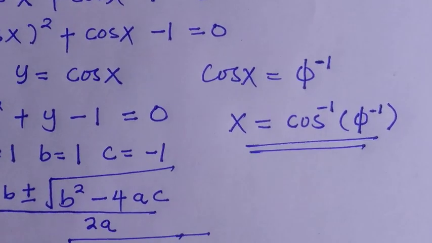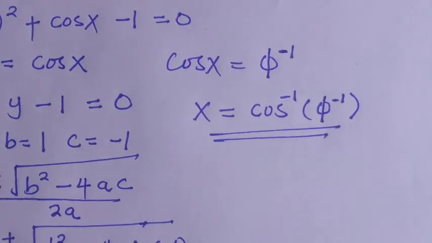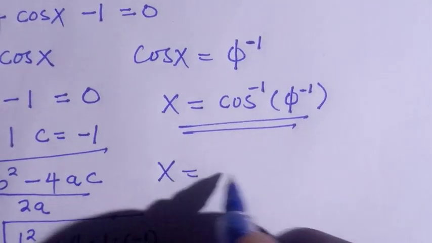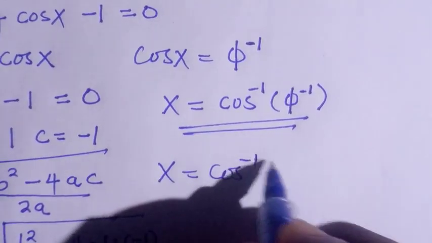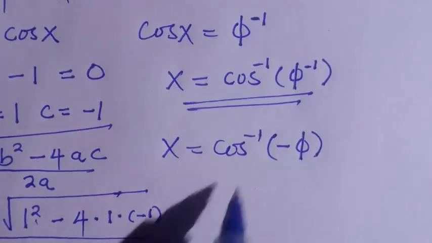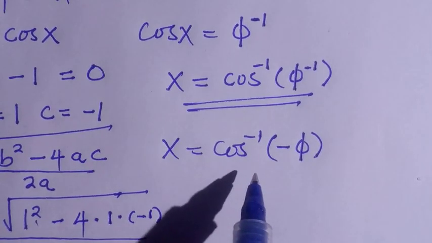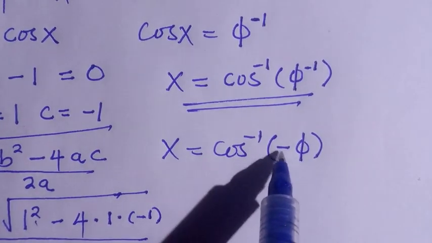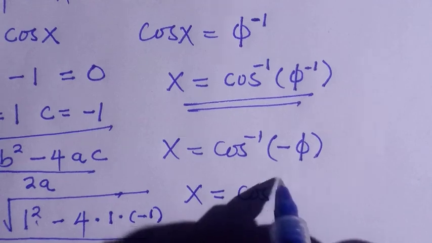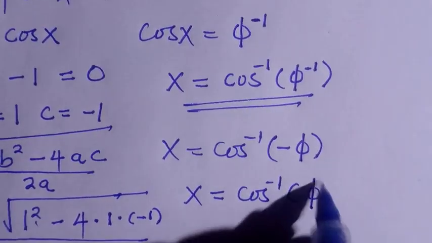And what of the other one, which comes in form of negative? We are going to have that one as x equals cos inverse of minus 5. But cos is an even function, which means this negative goes, and we have cos inverse of 5.